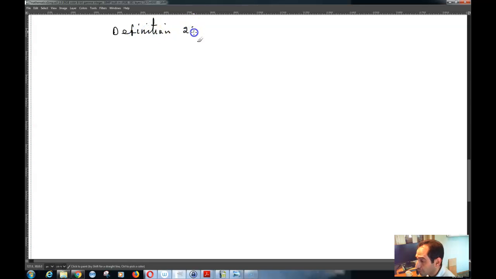Definition number 2: a compound statement is a statement which is made up of two or more statements. In this case, each statement is called a component statement.